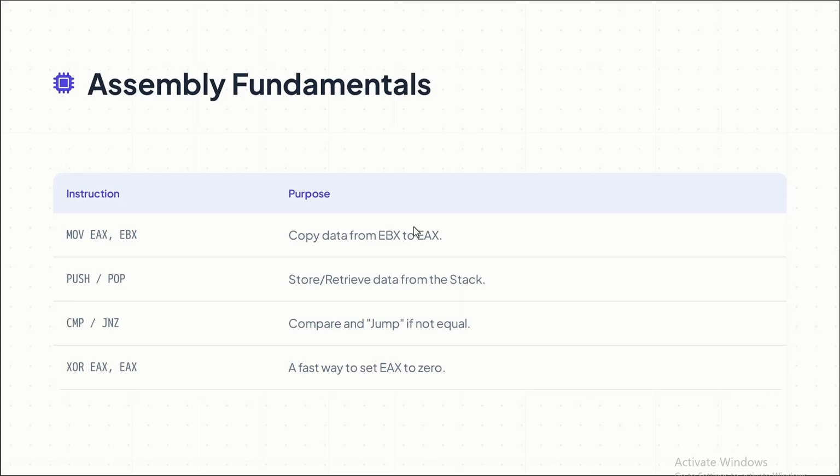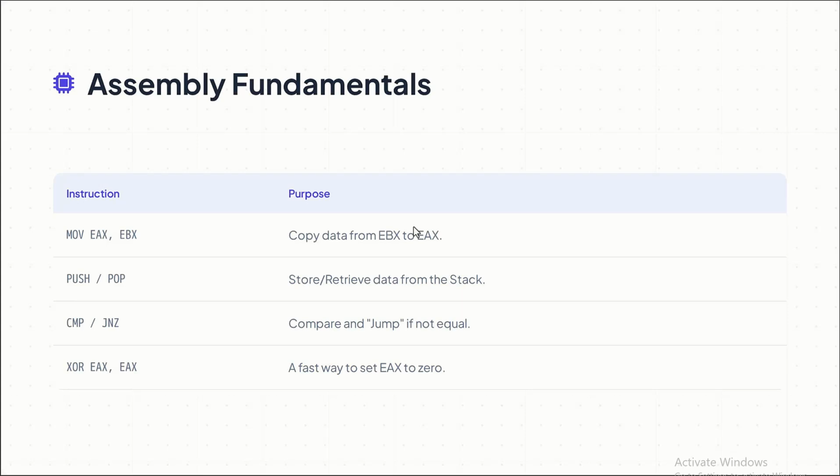And CMP and JNZ. Well, CMP is actually comparison. It compares two values, two pieces of data. If the data matches, it takes a specific jump operation, like JNZ, jump if not zero, or JMP, unconditional jump. Okay? As I explained from the slide, the purpose is compare and jump if not equal.